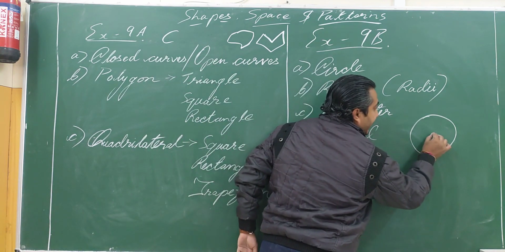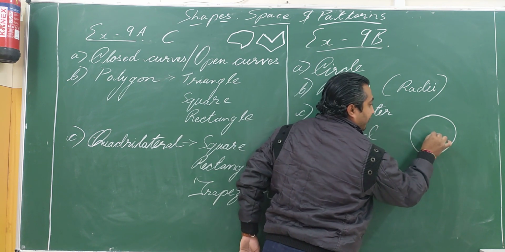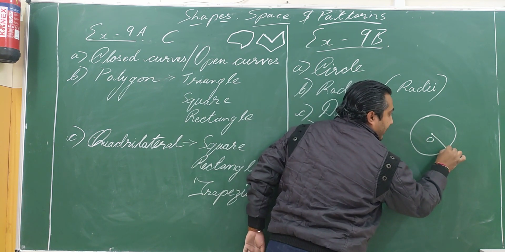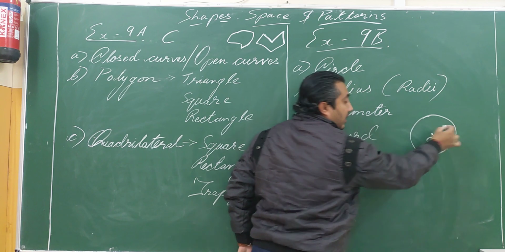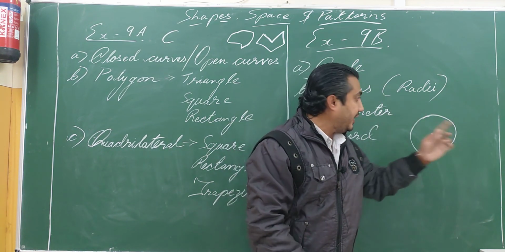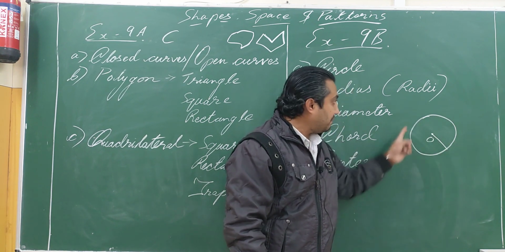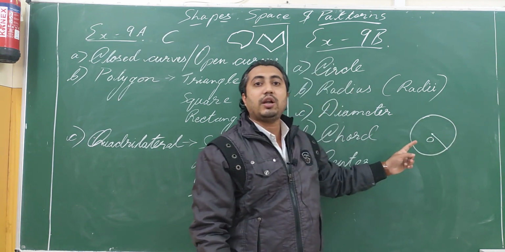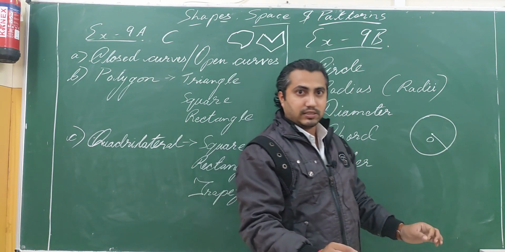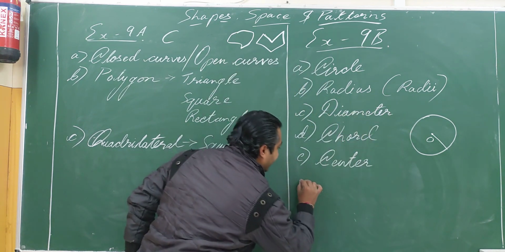Now, after center, we must understand radius. What is a radius? Radius is a straight line segment from center to any point of the circle. We had discussed in the earlier video that the total length of the boundary of the circle is called circumference. Let me write it for you.